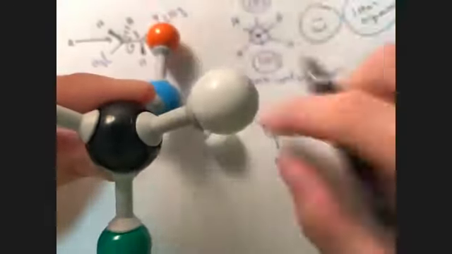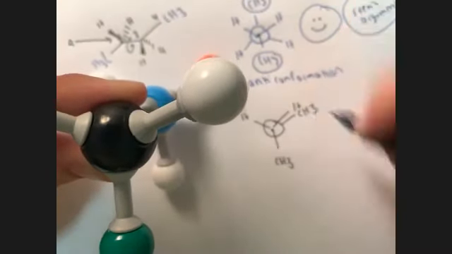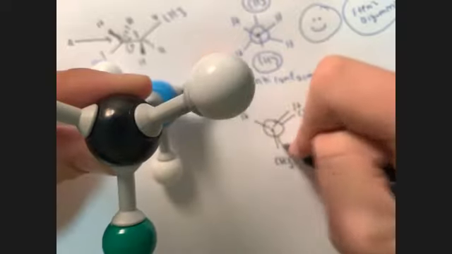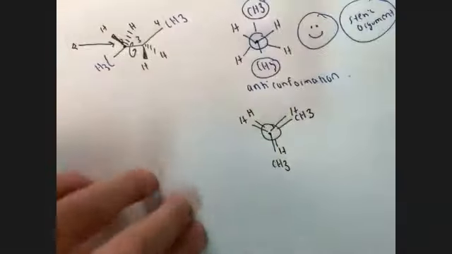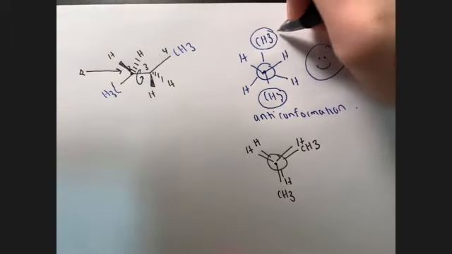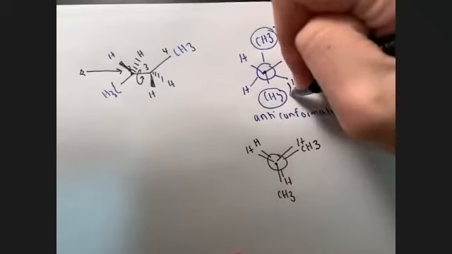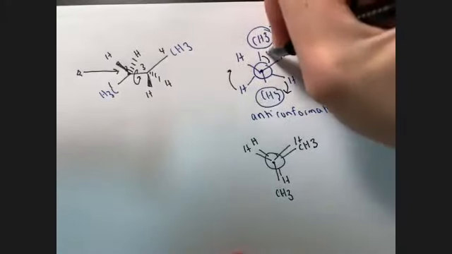So how does that translate? We would draw the CH3 on the back carbon here, this new hydrogen down here, and this hydrogen over here. If you can even see it from here, all I did was rotate all of these back substituents over by one. So this would be a 60-degree angle.